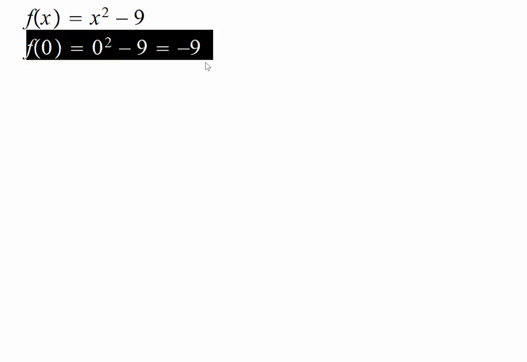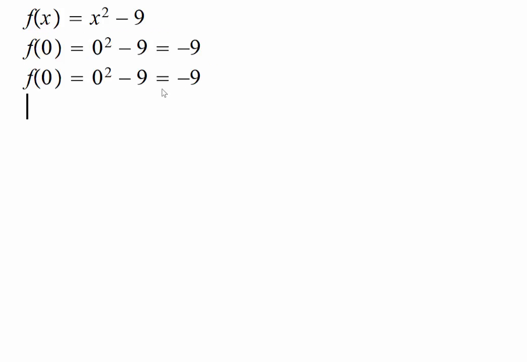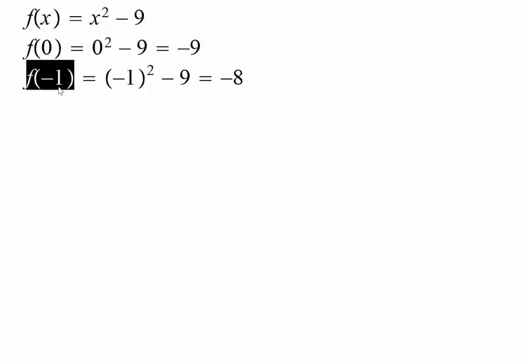Likewise, say you give f an input of -1. Then here we go: -1 squared is 1, minus 9 is -8. And likewise, say we decide to give it the input value +1.